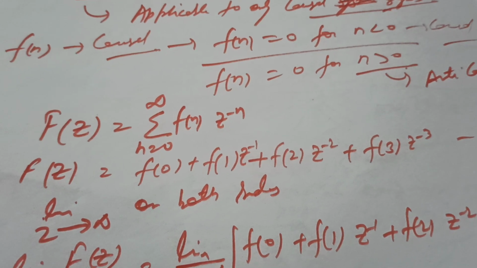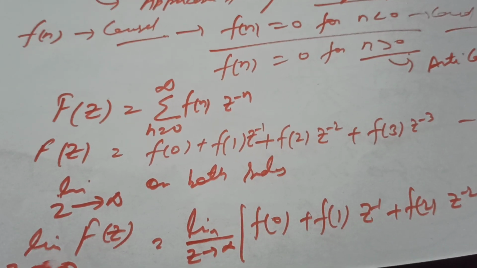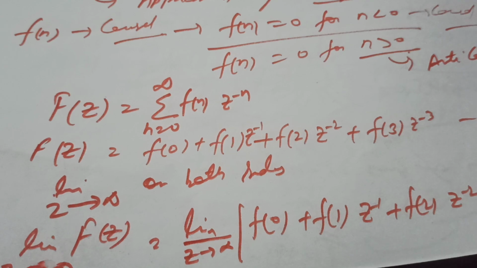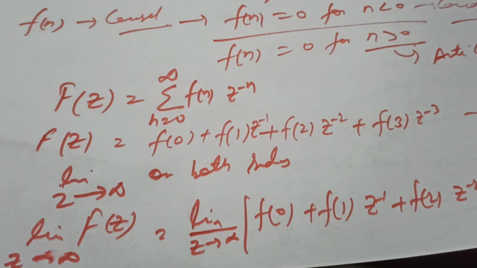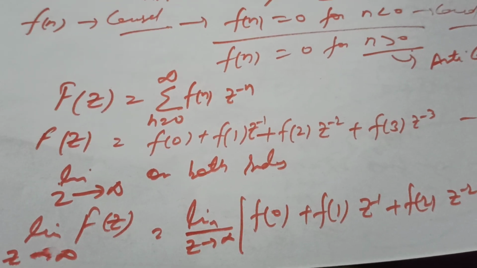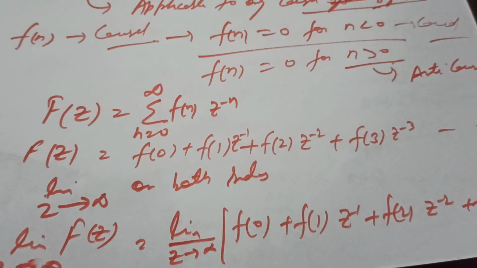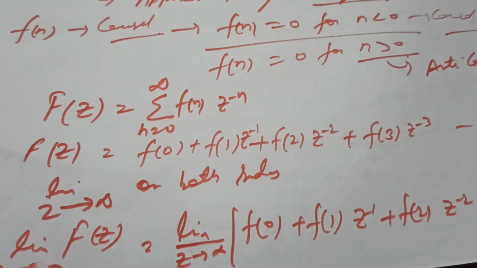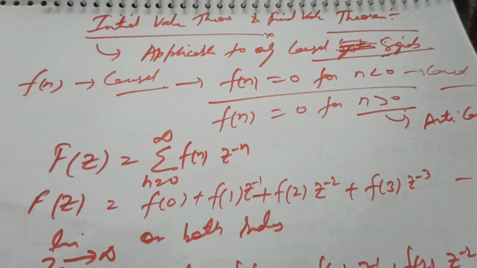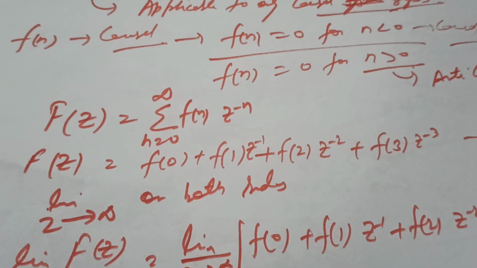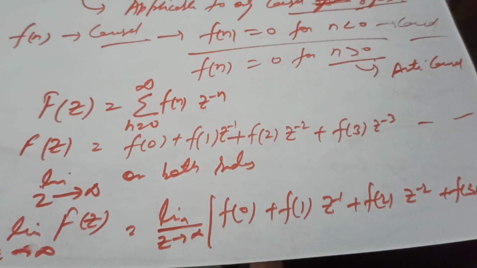Now coming back to f of z. F of z is summation n varying from 0 to infinity f of n z to the power minus n. Now whatever we are calculating in the initial value theorem, we should be very particular that this is being calculated for anti-causal system.